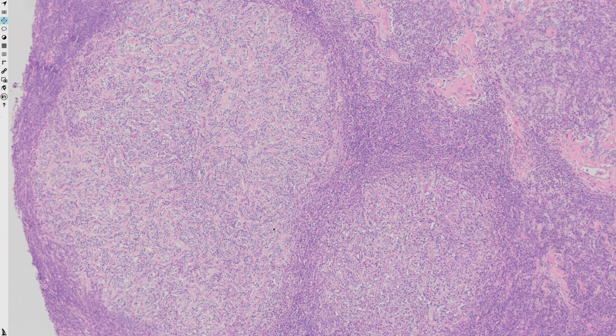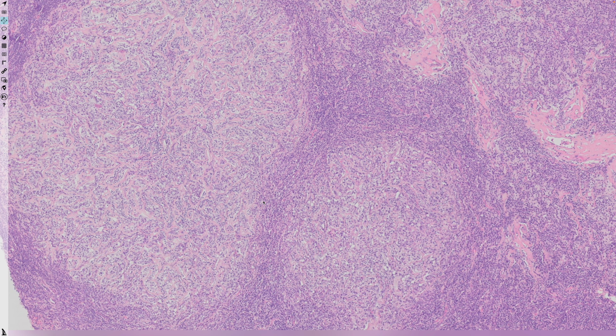Based on the flow cytometry and this H&E morphology, we need one more additional modality, which is immunostain.